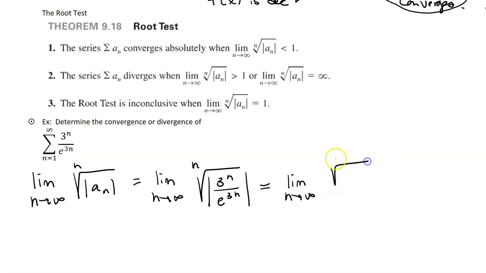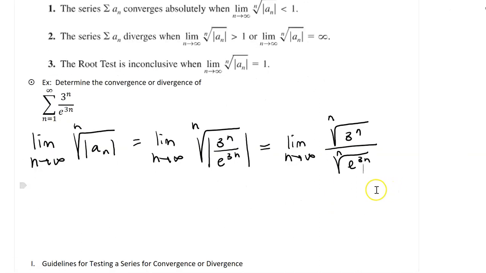So this would be broken down into the nth root of 3 to the nth power divided by the nth root of e to the 3n power. And I'm going to write that nth root as 1 over n power because I'm a little more comfortable with that.